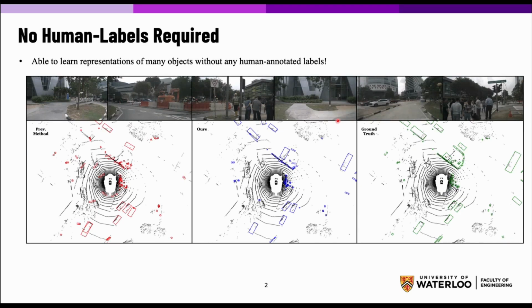So if we put everything together, we're able to train an open vocabulary object detector in 3D. And the key thing to highlight is that we actually don't need any human labels to achieve decent performance. You can see that here I compared to previous methods.